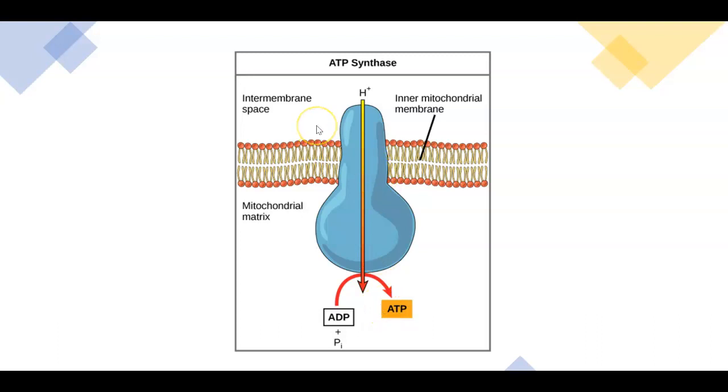And it does so by this activity that is called chemiosmosis, meaning that all of these protons are going to actually travel back down their concentration gradient through this ATP synthase, and that energy from the flow of these protons is going to create ATP.